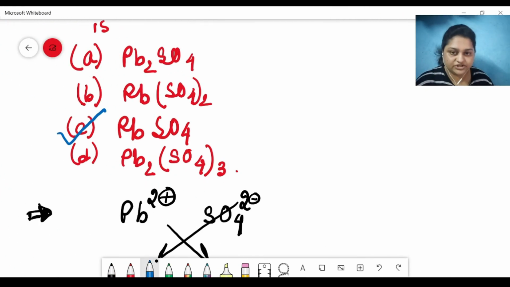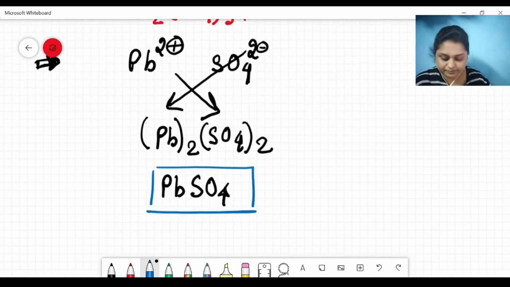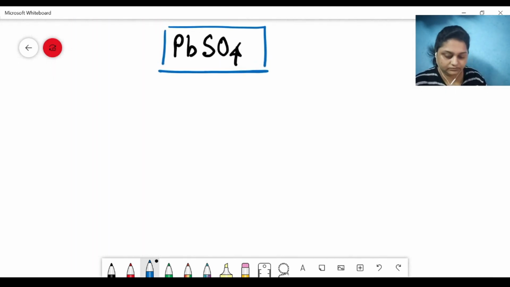The next question is of the same chapter. This is not a MCQ question, this is a +2 marks question, minimum. You can find this question in NCERT also.